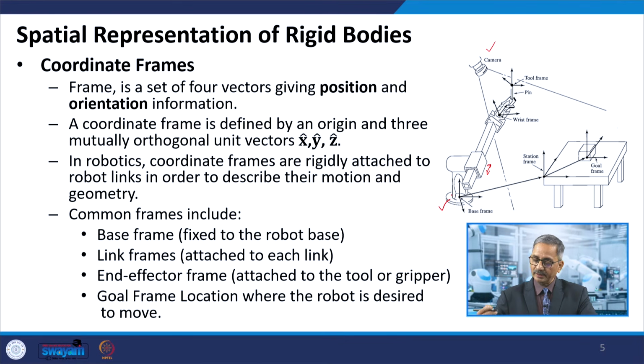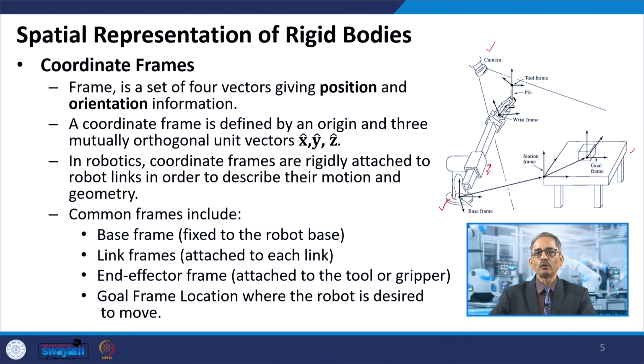Now, say you have a table, and on that table an object is there and we want the robot to pick that object. So, the question is, how do we define mathematically where the object is, where my end effector or gripper is? That definition comes with the help of coordinate frames.